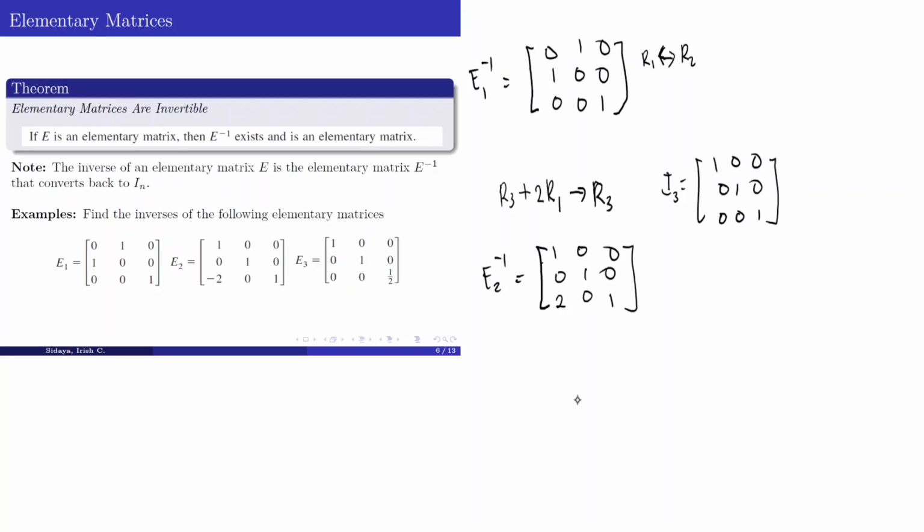And so we apply that to the identity matrix of order 3. So we get the inverse of E3. We have 1, 0, and multiply row 3 by 2, so that means we have 0, 0, 2. Okay, so we now have the inverses of the given elementary matrices.